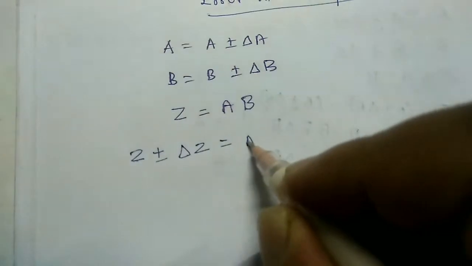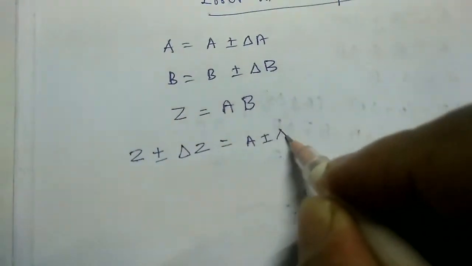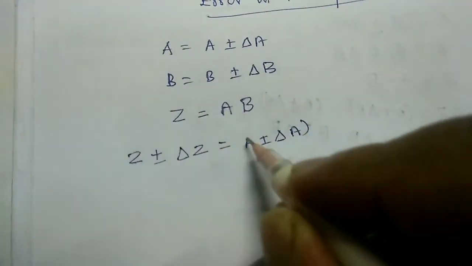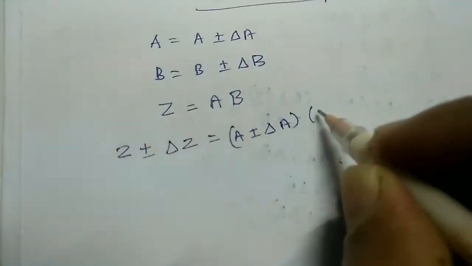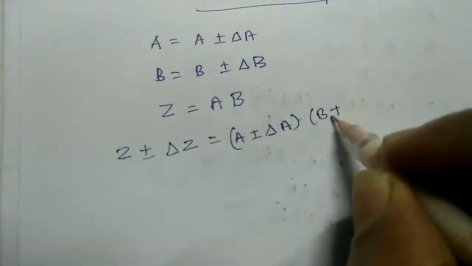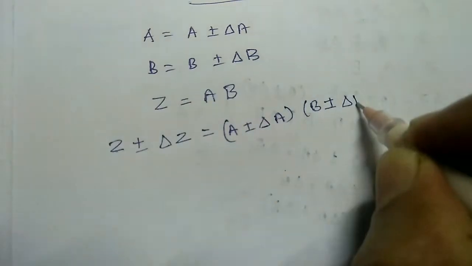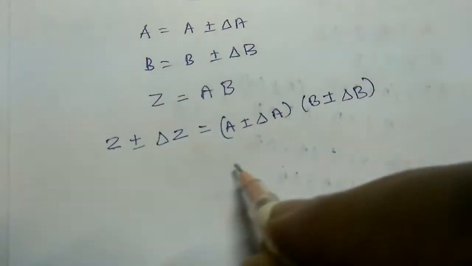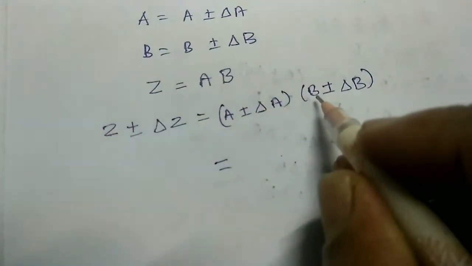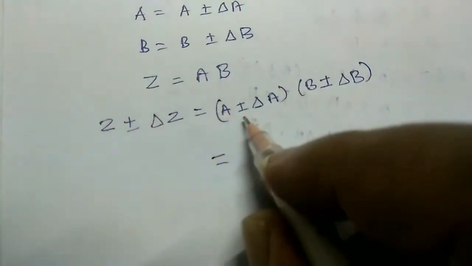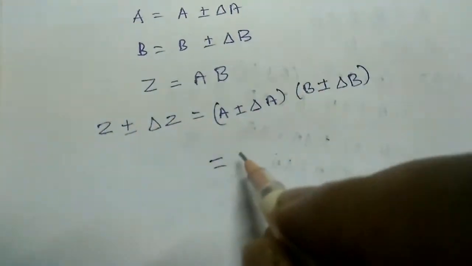Okay. Now you substitute the A value and then you substitute the B value. Okay students. Now you take B and multiply with these two.